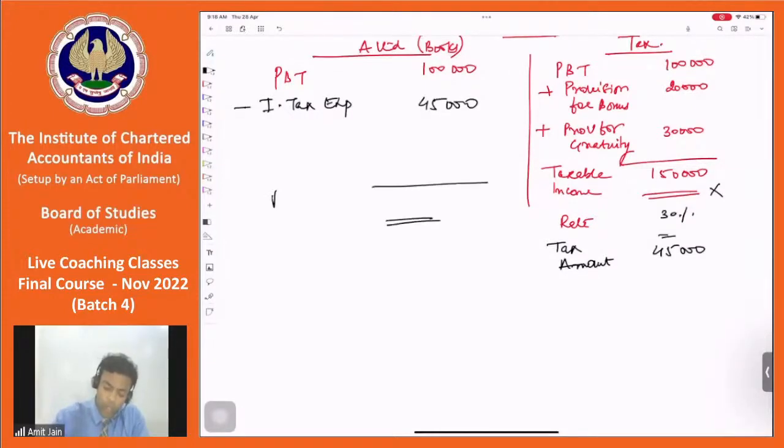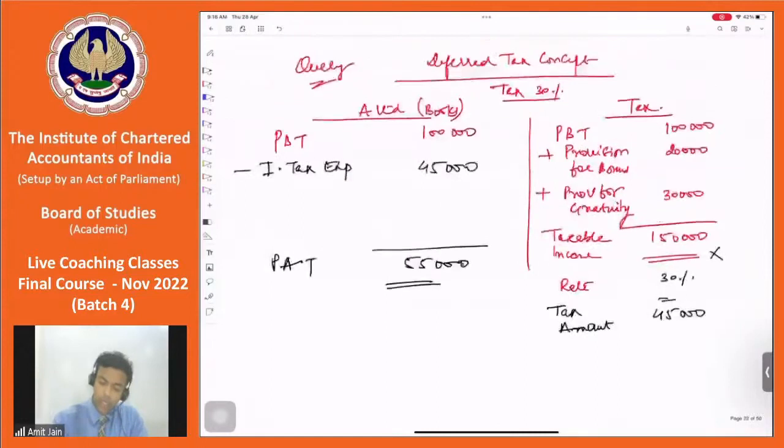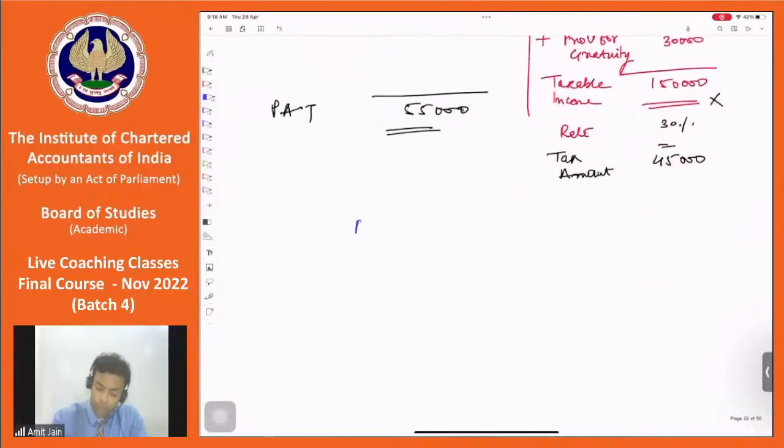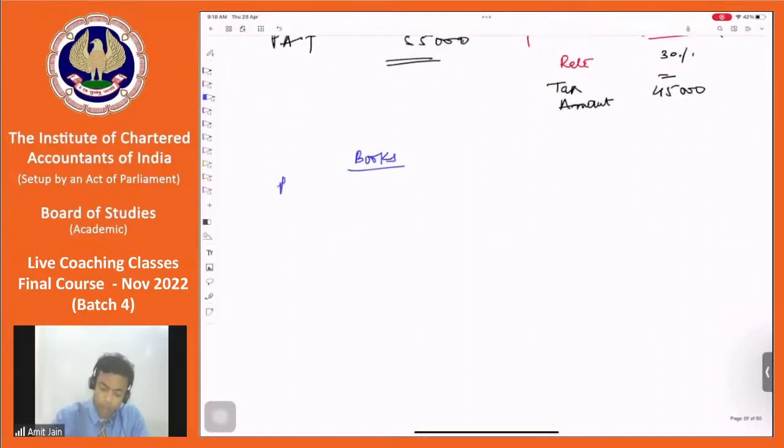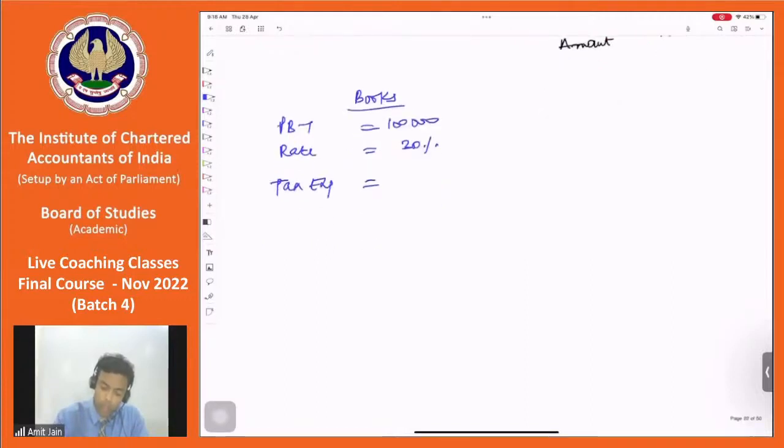What is the PAT which is coming here? This is 55,000. What is my tax rate? My tax rate is 30%. What is my profit? 1 lakh rupees. So ideally in books, my profit is 1 lakh rupees, my tax rate is 30%, so my tax expense should be 30,000 rupees.